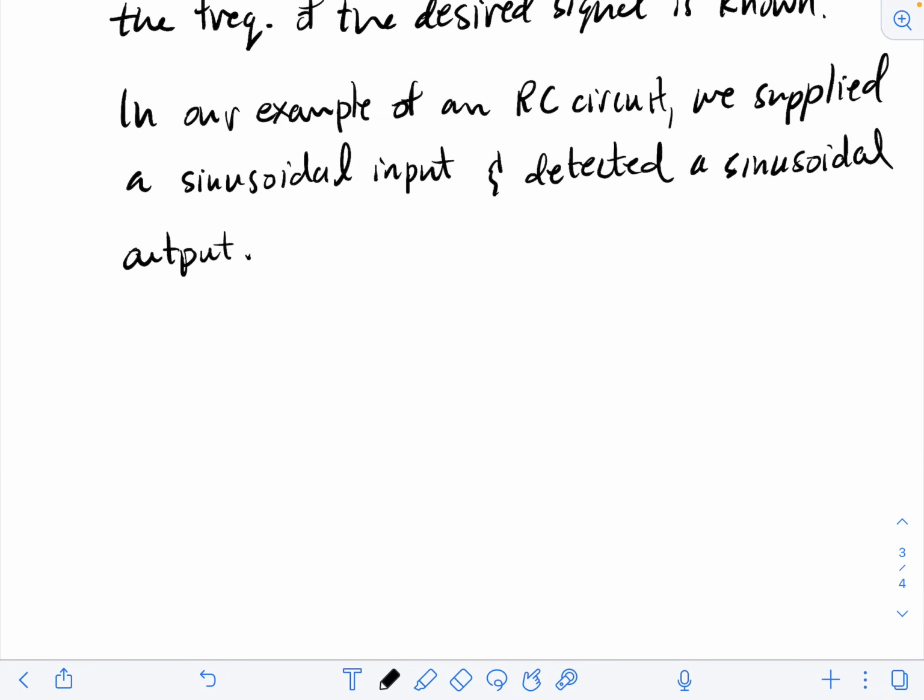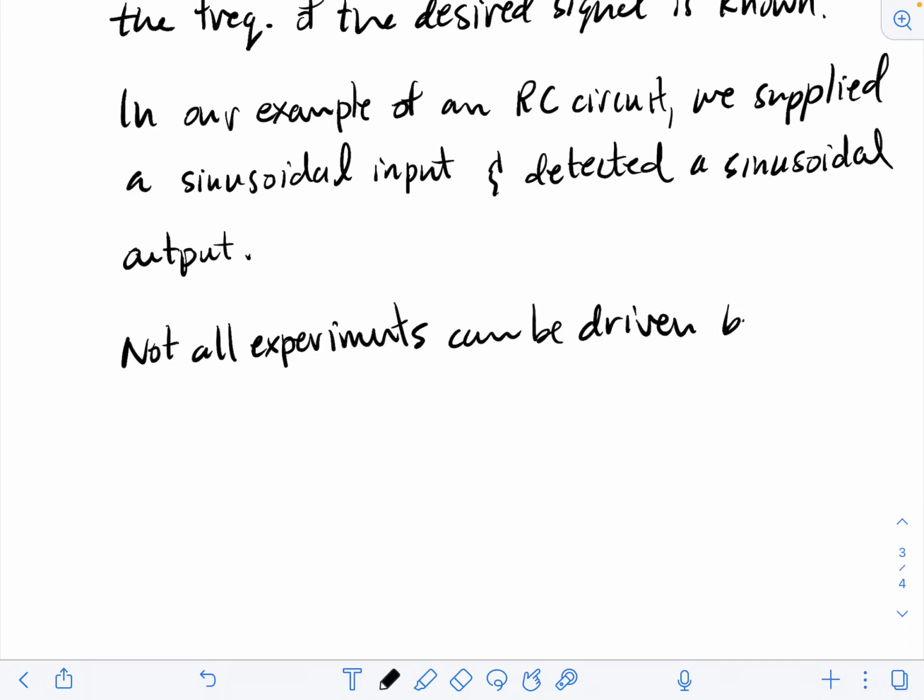As you can imagine, not all experiments can be driven by a pure sine wave, or at least it's not always the case that it's most convenient to drive an apparatus with a pure sine wave.